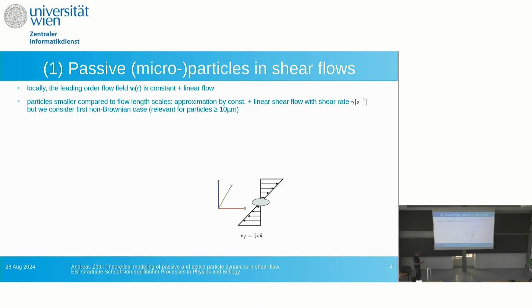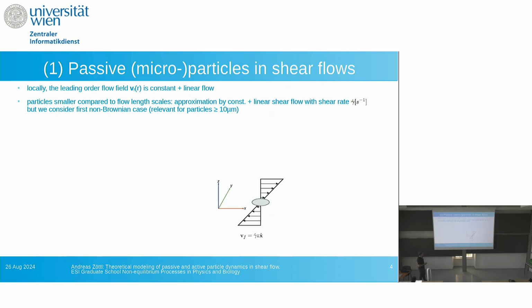You can formally write it in this way, that the linear shear flow is a shear rate, gamma dot, times z, because it's increasing in z direction, and it is going in this x hat direction. So this is just the unit vector. So gamma dot just gives the strength, the local strength of the shear.